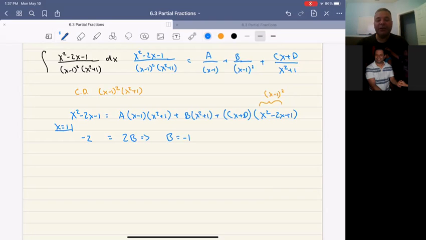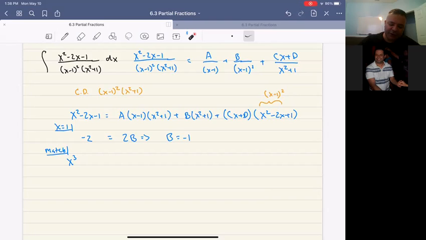Now, no other x values are going to really get rid of anything. So what we need to do now is start matching. That's why I taught both ways, because sometimes you just need to match. Let's start with matching x cubes, because notice when I multiply this by this and this by this, we're going to get x cubed terms.